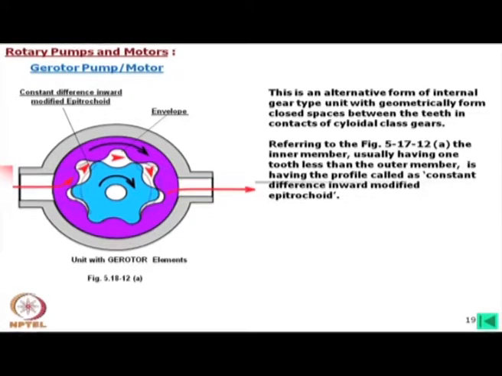The cycloidal profile is generated when a roller rotates on another roller, then a point on the periphery of the rolling body will generate a cycloid. If we take a point outside this body, then it will be an epitrochoid.